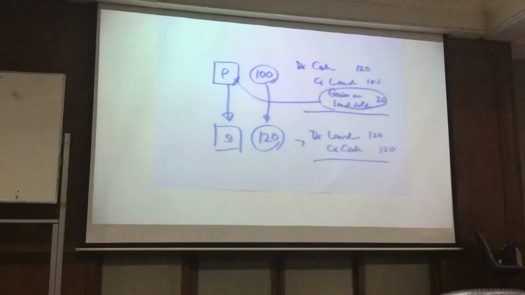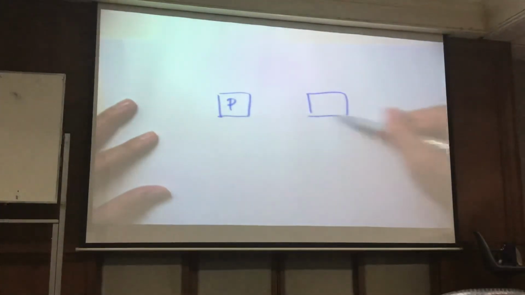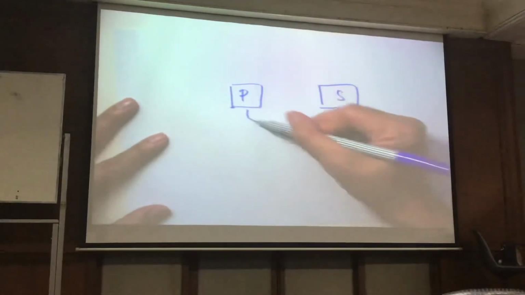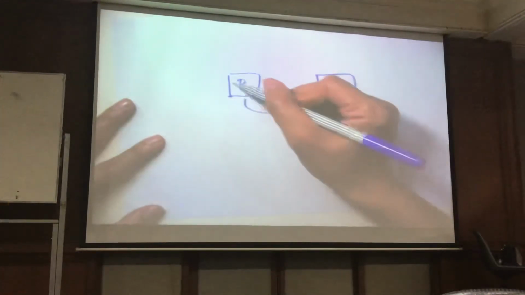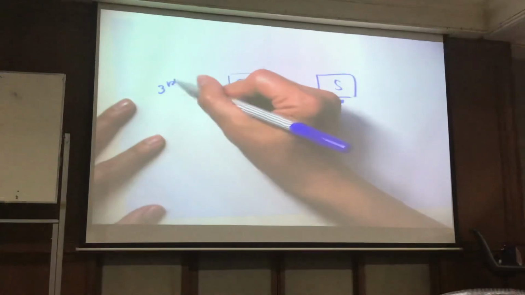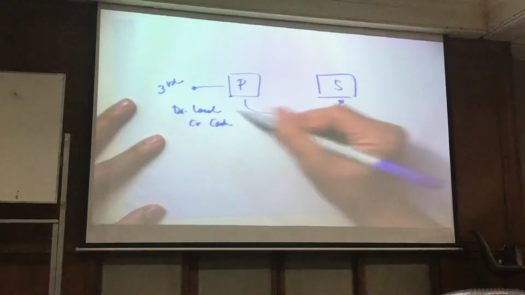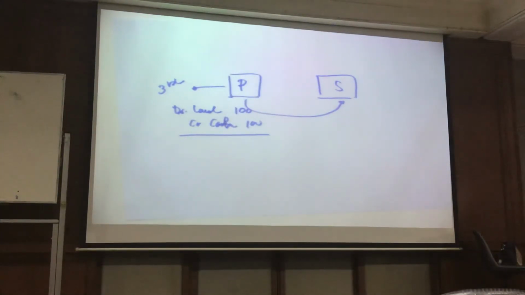Now, let's do consolidation. I'm going to draw you these pictures. Parent, subsidiary. The land moved from here to here. Take a look. When we first bought the land from a third party, I debit land, credit cash for 100. When I first got the land in my books, I bought it from a third party at 100.